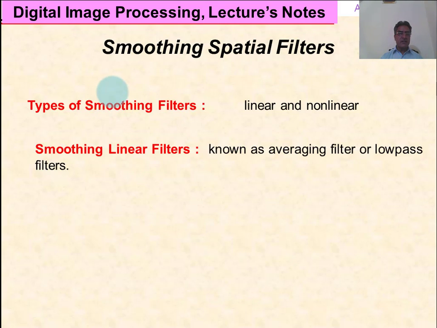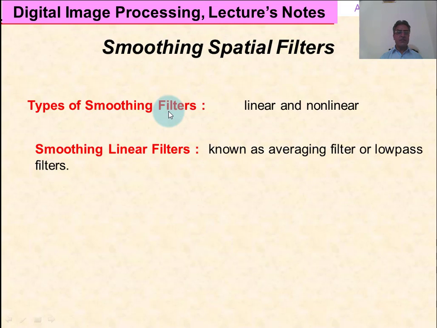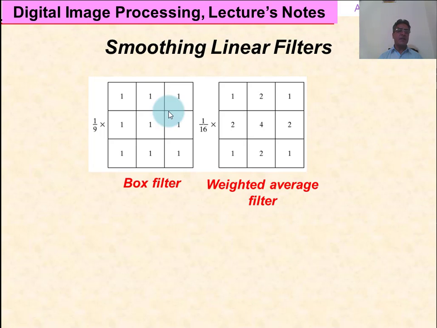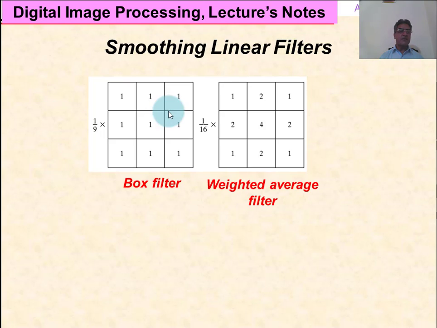Smoothing linear filters are known as averaging filters or low pass filters. What does averaging pixel mean?